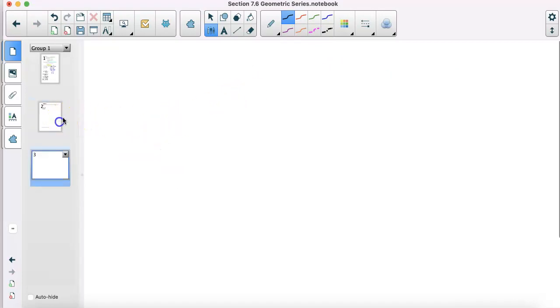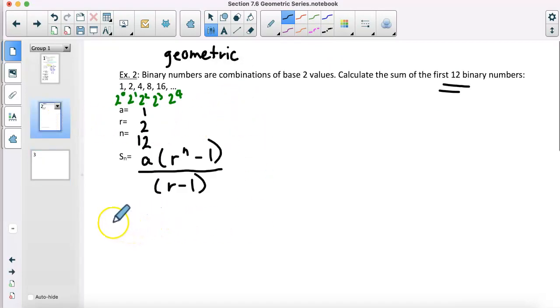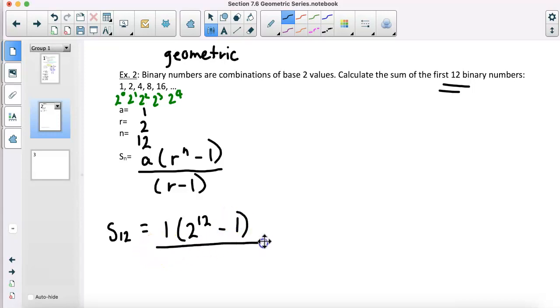So we're going to substitute the numbers accordingly. 1, the common ratio is 2, to the 12, subtract 1, over 2 minus 1.